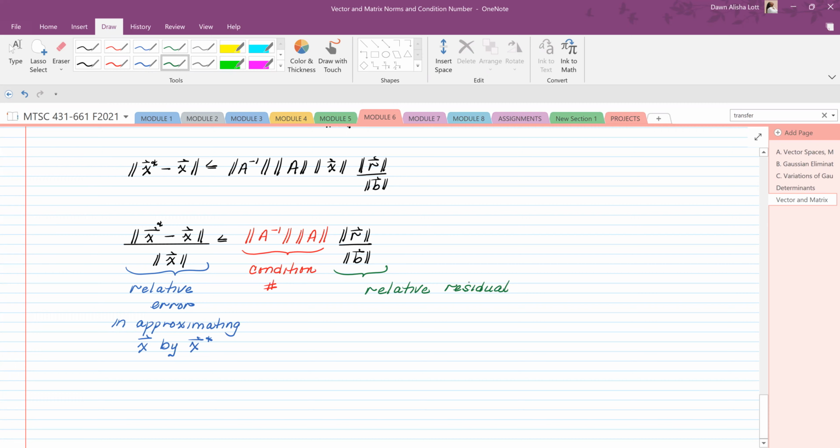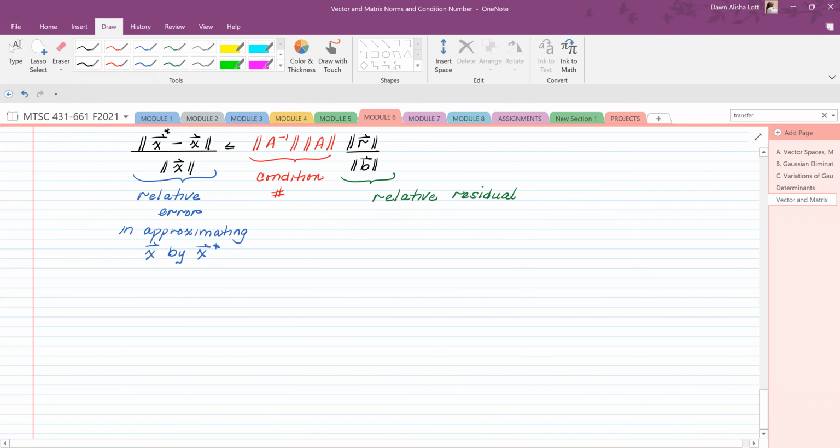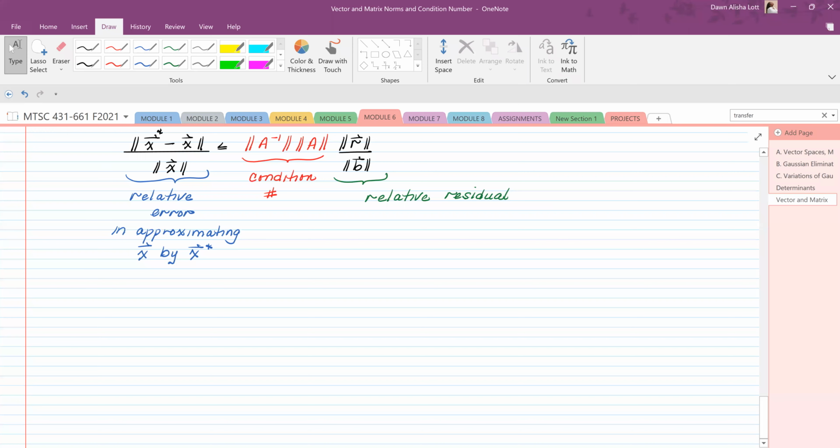So the smaller the condition number of A, the better your solution to Ax equals b. The bigger your condition number, the bigger your relative error can grow. So if the condition number of the matrix A is relatively small, like 1, 10, we say A is well conditioned.